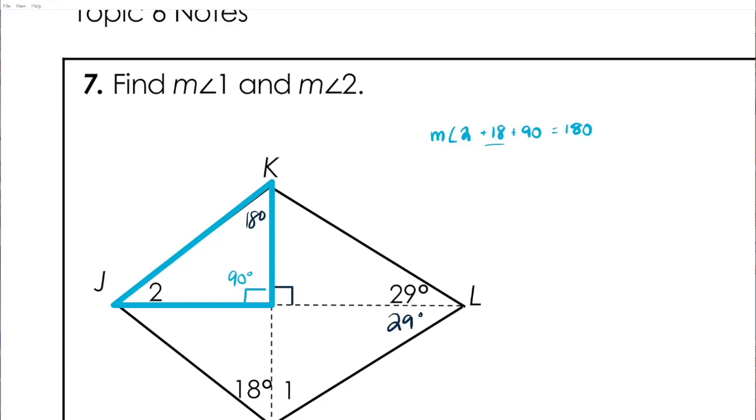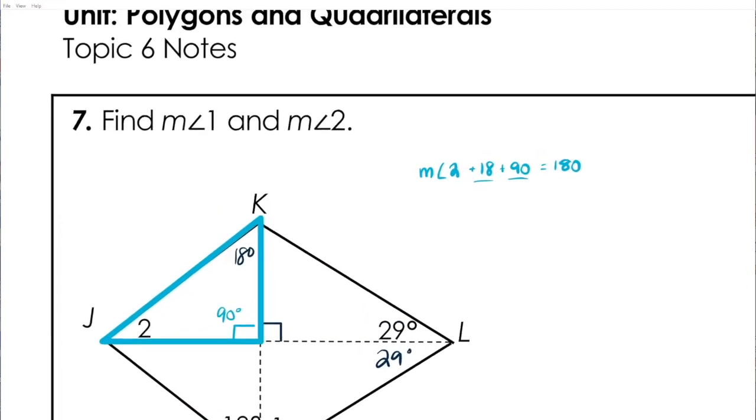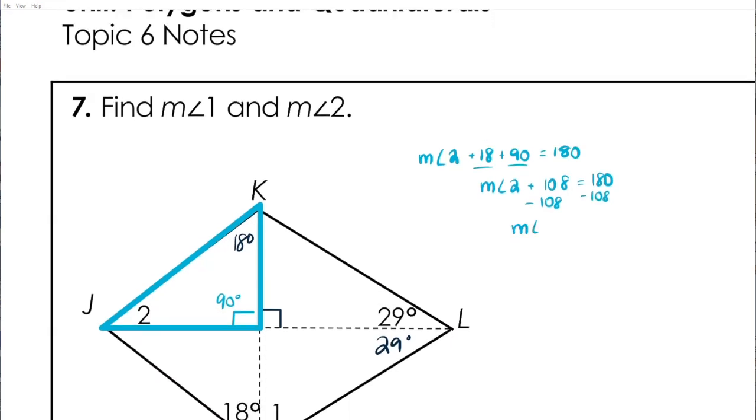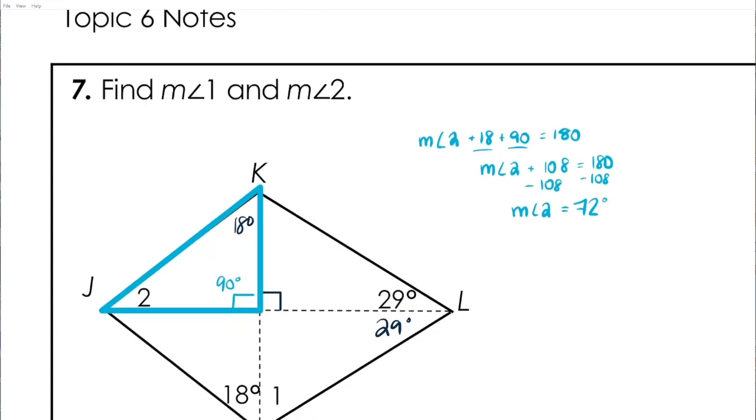So when we combine like terms, the measure of angle 2 plus 108 is 180. Subtract 108 from both sides. So the measure of 2 is 72. That's the normal way that everybody goes.